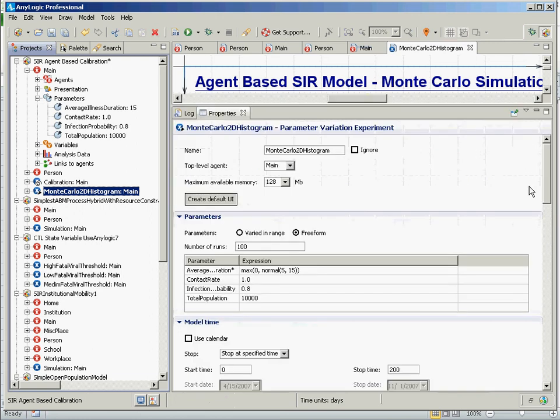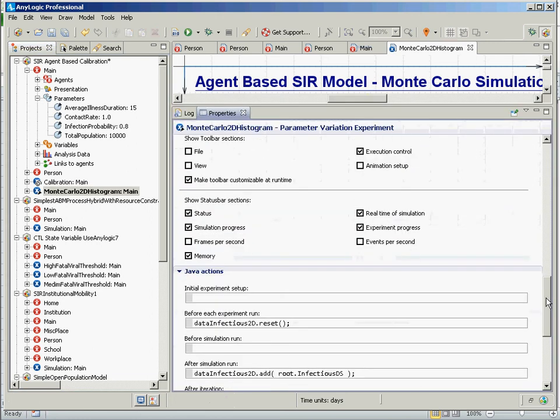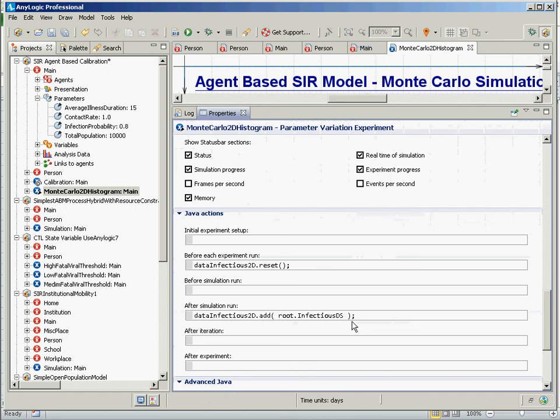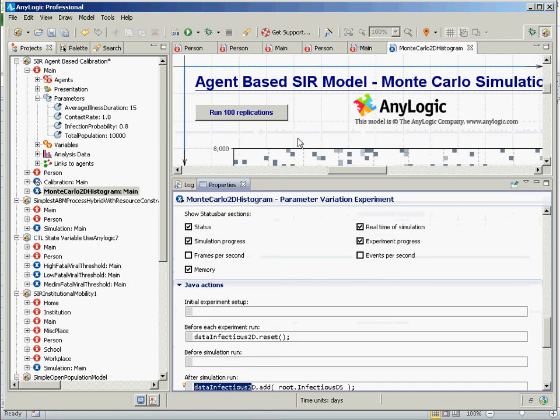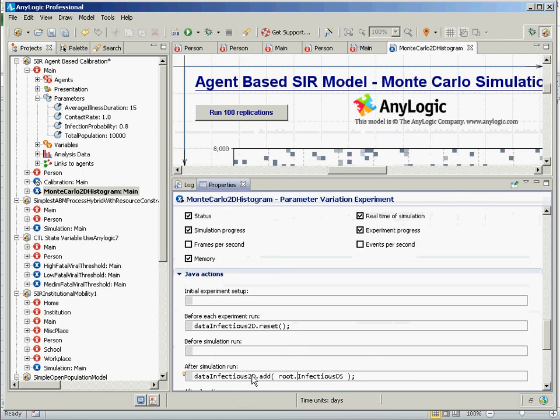And so we could instead, rather than adding it to this data set, write it to a file. And that could be done by writing out this data set here. I'm trying to remember if there's a built-in method for that.